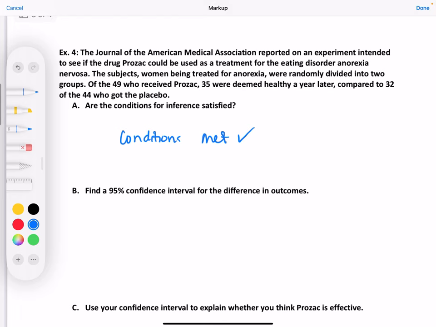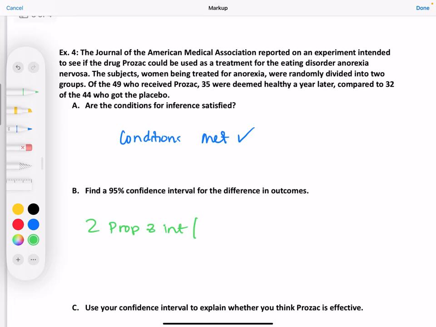So, again, I could do this next question by hand the same way using that formula that we just used in the last problem to compare the 2 things, or you can just use the calculator. So, we'll just use the calculator for this one. So we're going to use the 2 prop Z interval to find our confidence interval.